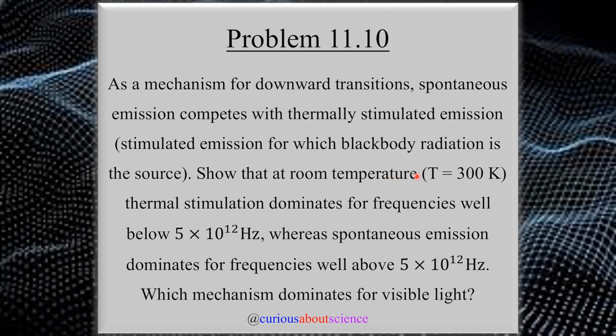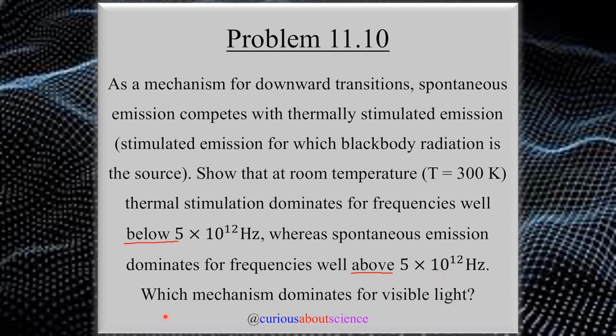Show that at room temperature, T equals 300 Kelvin, thermal stimulation dominates for frequencies well below, emphasis on this below part, whereas spontaneous emission dominates for frequencies well above. So below and above is what we're going to need to look at.